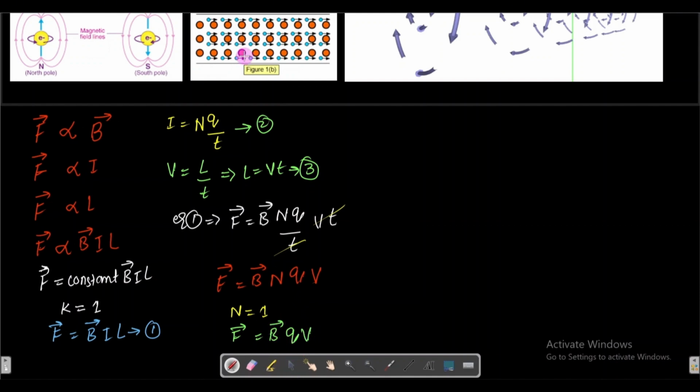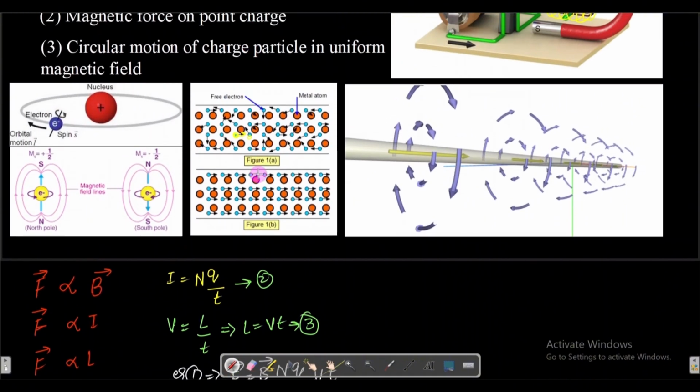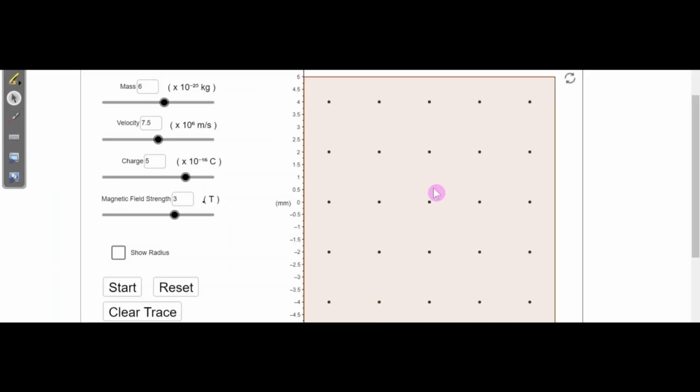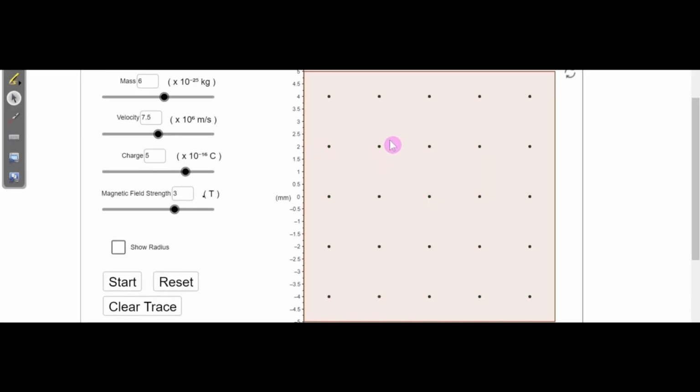on a single free electron when we put that single free electron in the external magnetic field. So here we have that same scenario as we discussed, that if we move a charge in the external magnetic field.